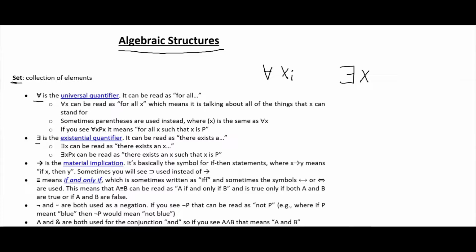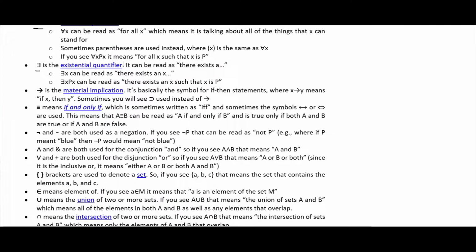Then this arrow here is the material implication, and I actually have a different playlist where I talk about logic and things like that, so you'll see a lot of these symbols in logic as well. Logic is the way of trying to make language into something very mathematical, and that's why you see a lot of these things here.